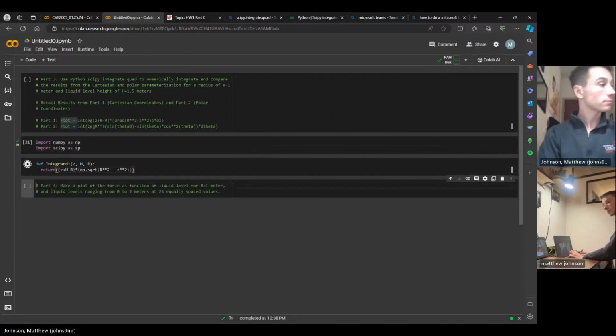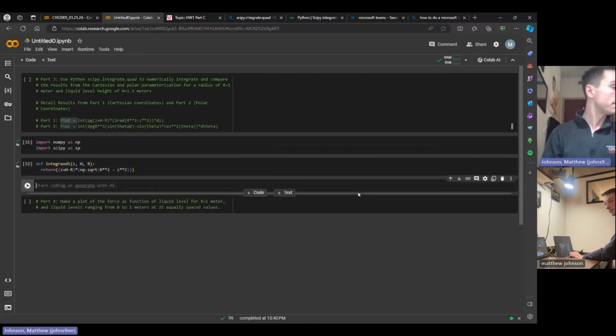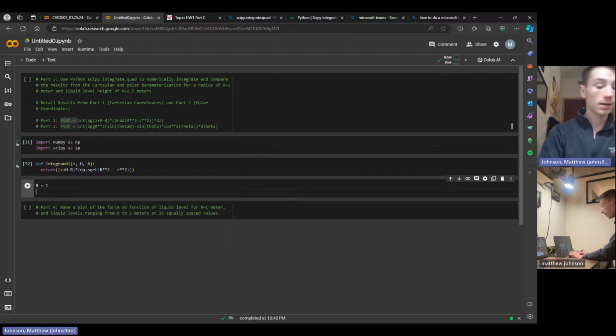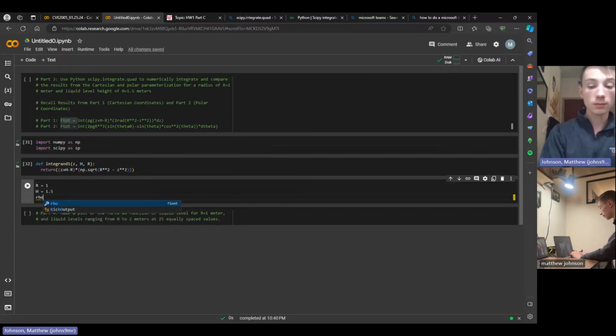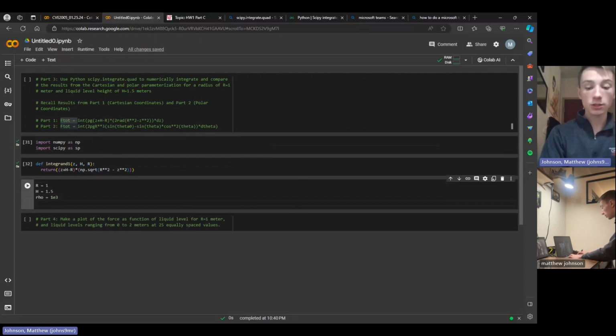And now we can actually do the integration. I guess we can put in the values we have. So r is 1, h is 1.5. We know that rho is 10 to the third, and g is equal to 9.81 meters per second squared.